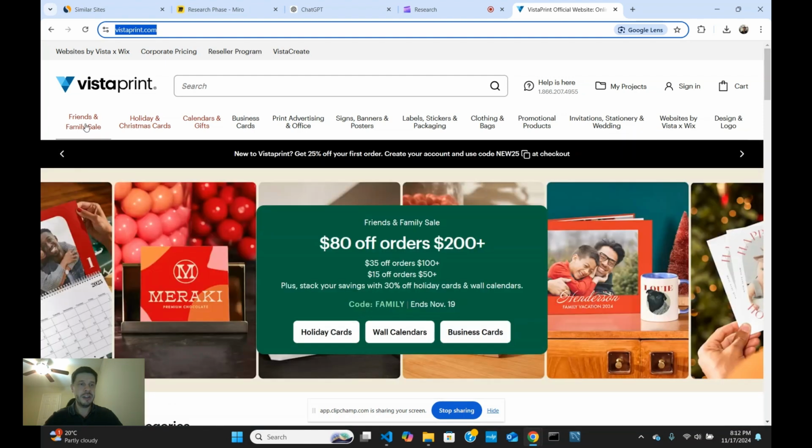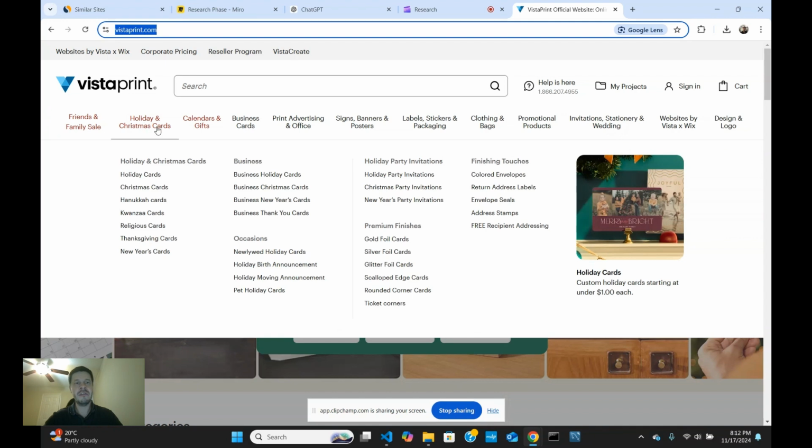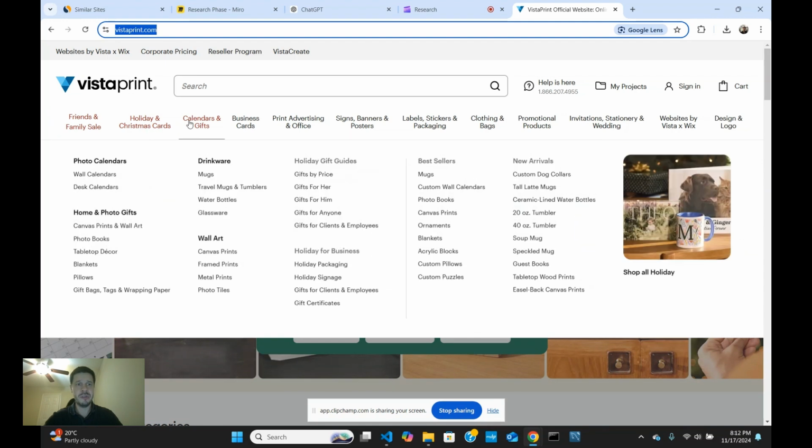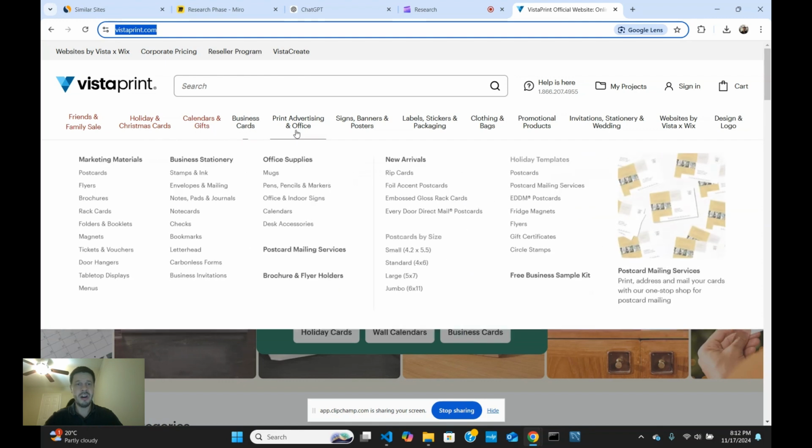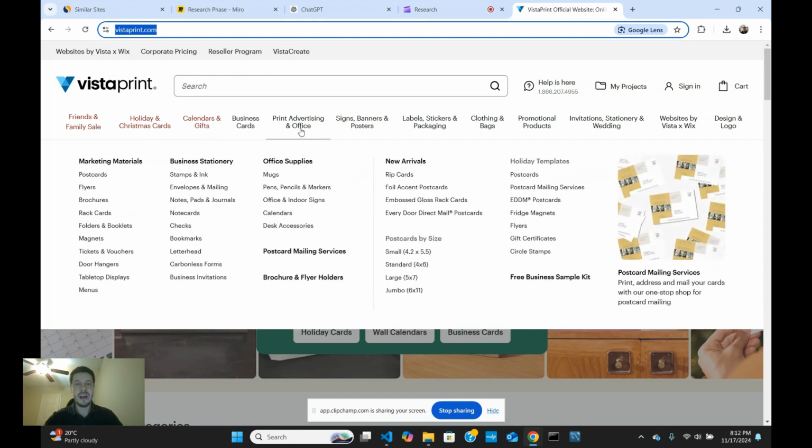And we can see here that they have holiday, Christmas cards, calendars and gifts, business cards, advertising, and office. You can buy office supplies like mugs, pens, pencils. Like, you can customize, I'm sure, based on the need.